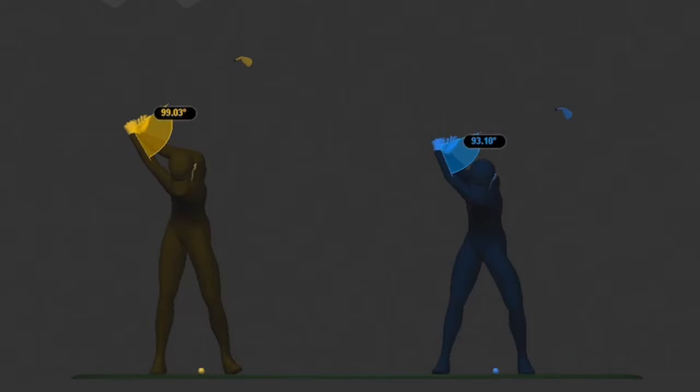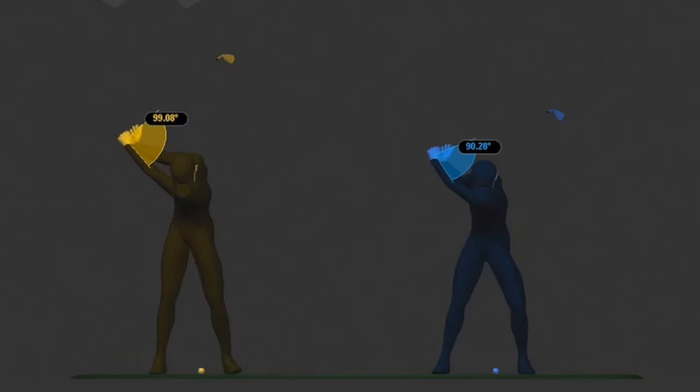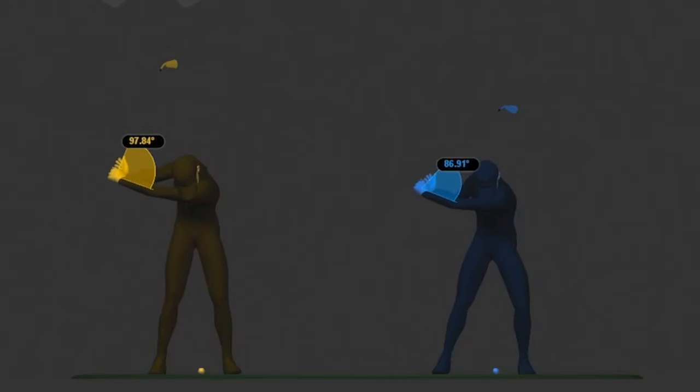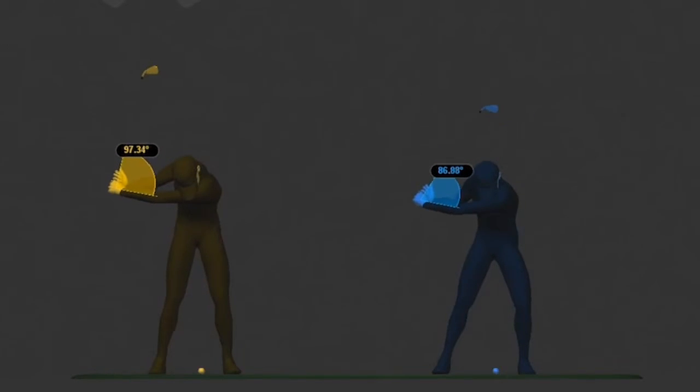Here we have an example of two tour players. One is a very long hitter on tour and the other is a fairly average hitter. But what you'll notice is some commonalities. As they change directions, both of them gain hinge in their wrists in transition, and they continue gaining hinge in their wrists until they reach about left arm parallel.